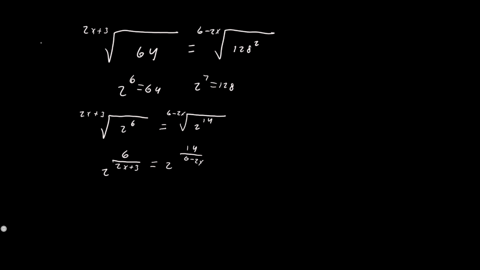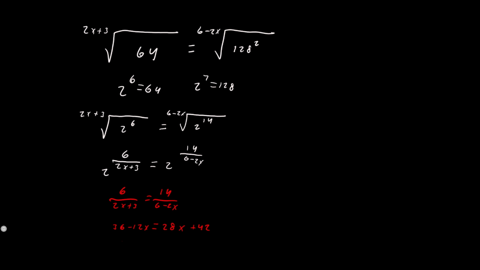Since we have the same base, we can go ahead and solve for x now. So we have 6 over 2x plus 3 is equal to 14 over 6 minus 2x. Cross multiplying, we get 36 minus 12x is equal to 2x times 14, which is 28x, plus 42.